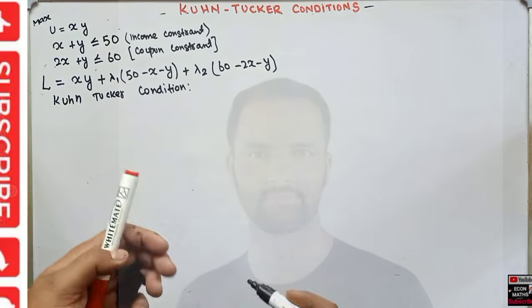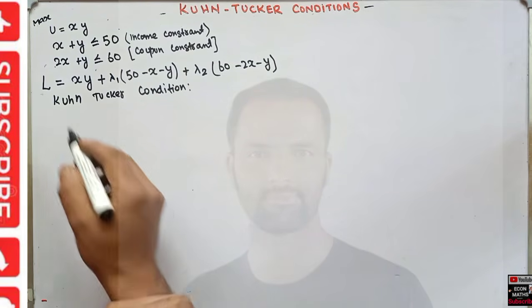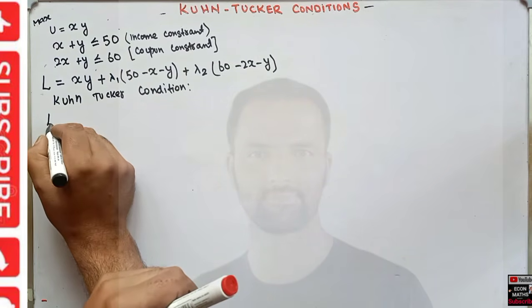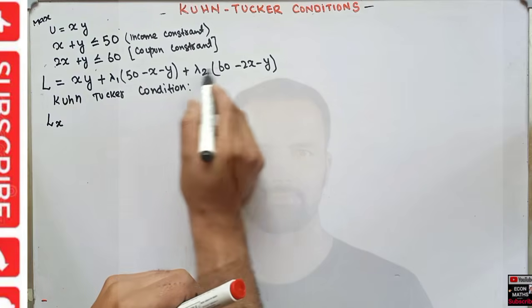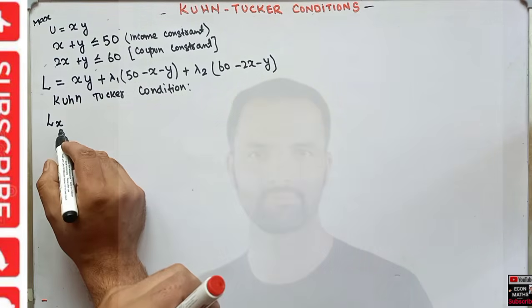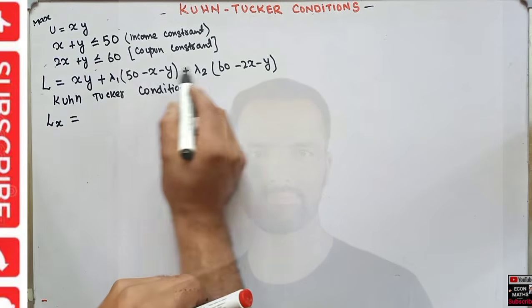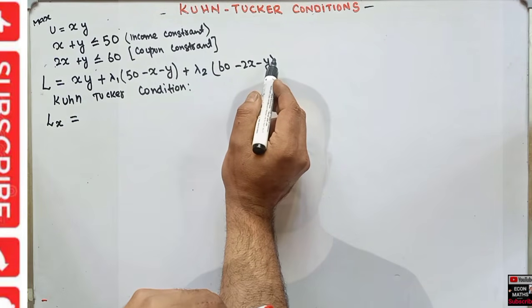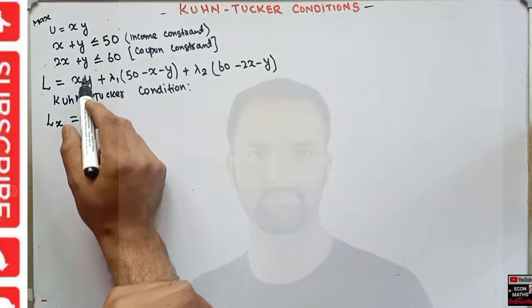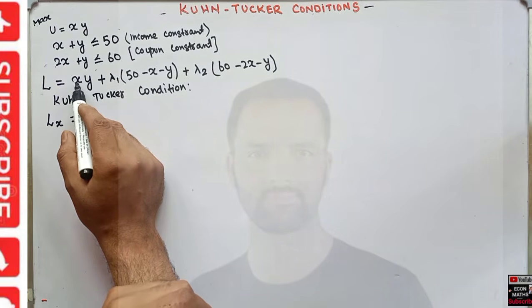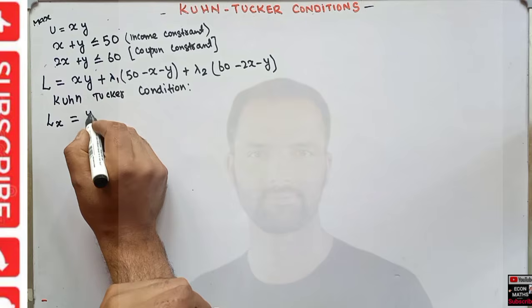Kuhn Tucker conditions require here that our Lx, that is the partial derivative of this Lagrange's function with respect to x. What will be the partial derivative of this Lagrange's function with respect to x? So differentiating with respect to x, the derivative of x is 1 here, so we are left with y.